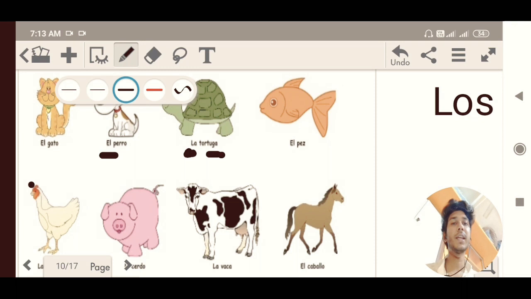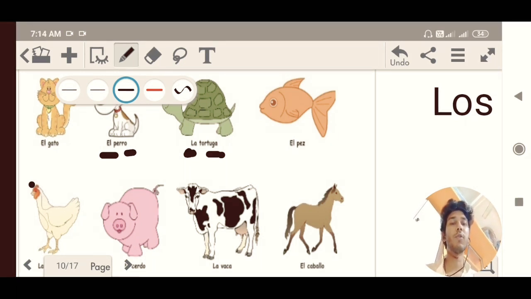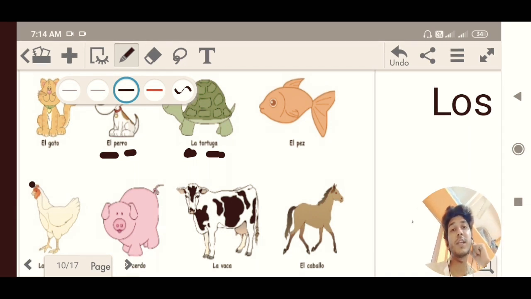If it ends in a, then there is a 99% chance that the word is feminine. If the word ends in o, then 95 to 99% of such words fall in the masculine category. There is a chance of exceptions.